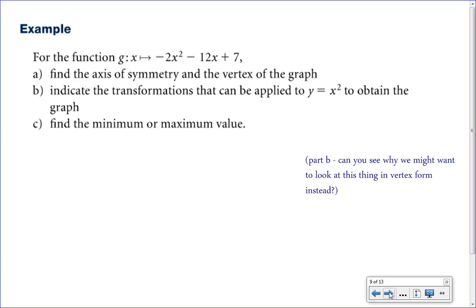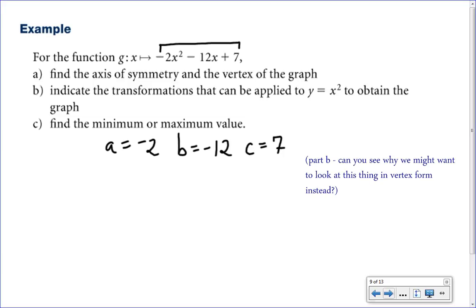Okay, so let's use this example. We have this function here in standard form for the quadratic function. Let's identify our a, b, and c terms. So a is negative 2, b is negative 12, c is positive 7.